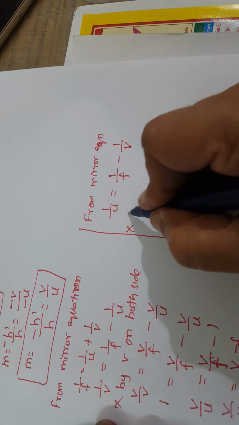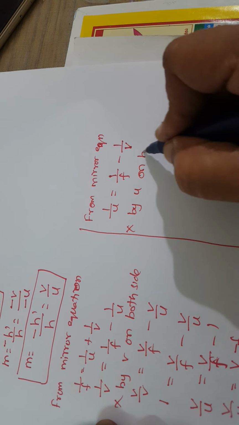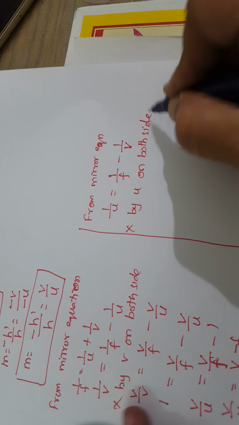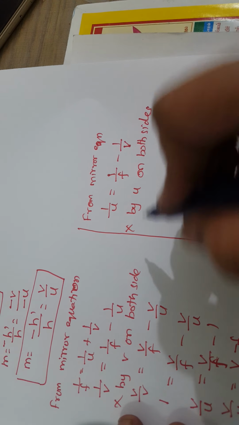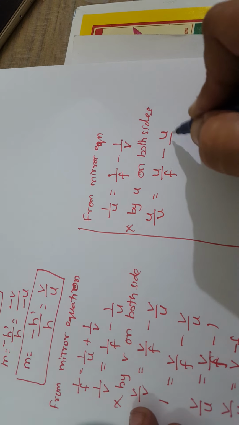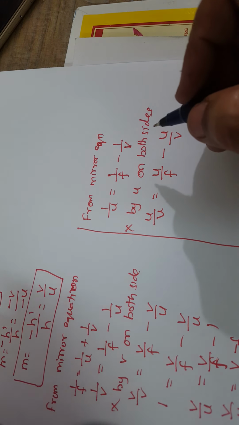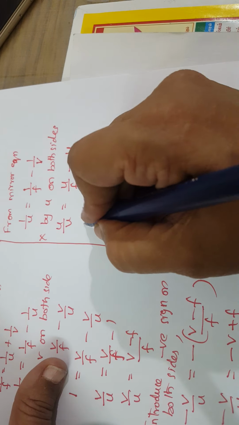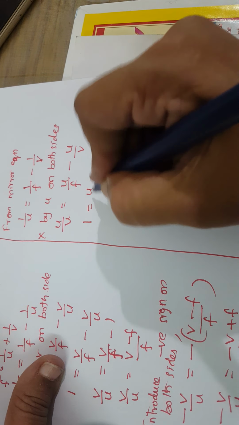Now you multiply by u on both sides. Here you multiplied by v. So u by u is equal to u by f minus u by v. So what will you get here? 1 is equal to u by f minus u by v.